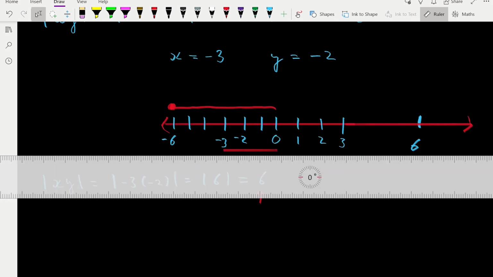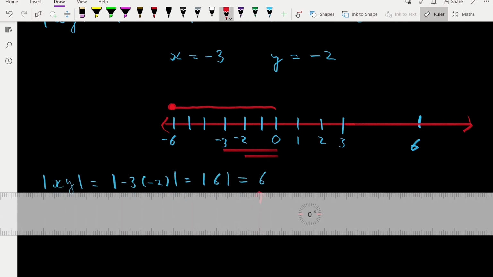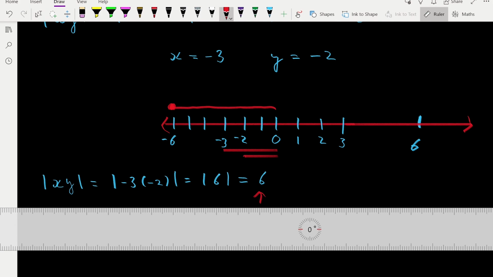And then consider the distance of -2 from 0, which is the distance of y from 0. Figure out what their distances from 0 are, which would just be +3 and +2 respectively, and then just multiply them together. That would take you out here to 6.